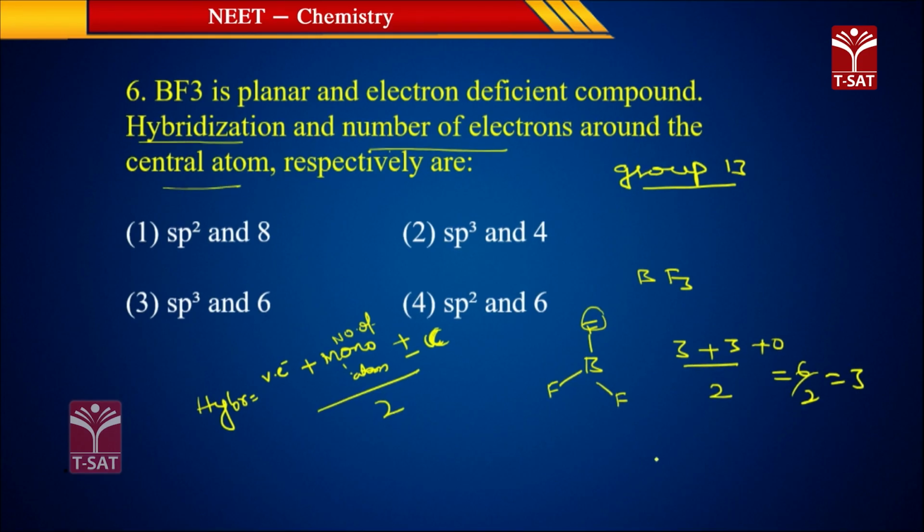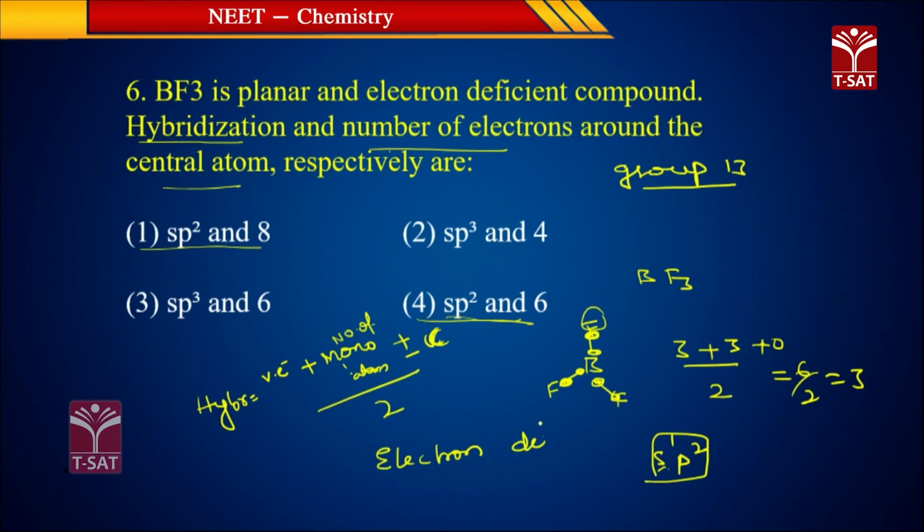If you are getting 3, you will have s1 p2, 2 plus 1 is 3, sp2 hybridization. How many electrons are present around the boron? Boron has 6 electrons. So, sp2 hybridization, 6 electrons.